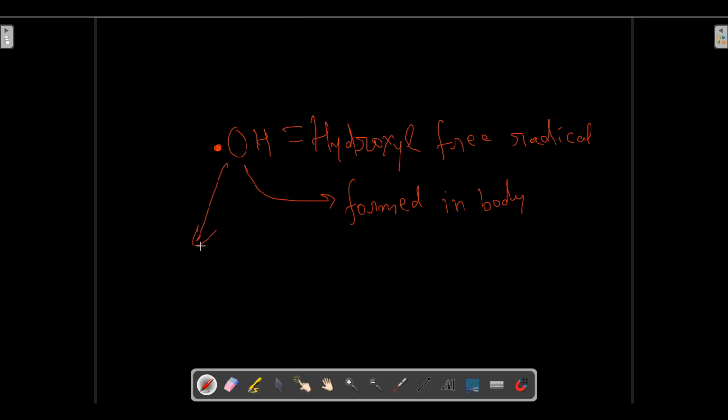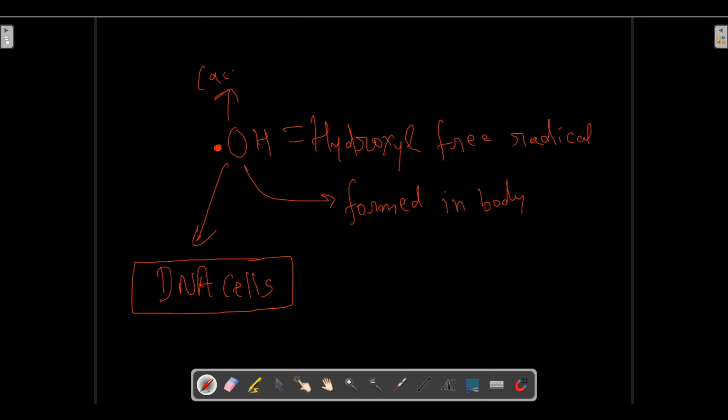Now this has the tendency to damage DNA cells. How does it damage DNA cells? It is a free radical, so it wants to accept electrons so that its charge is neutralized.